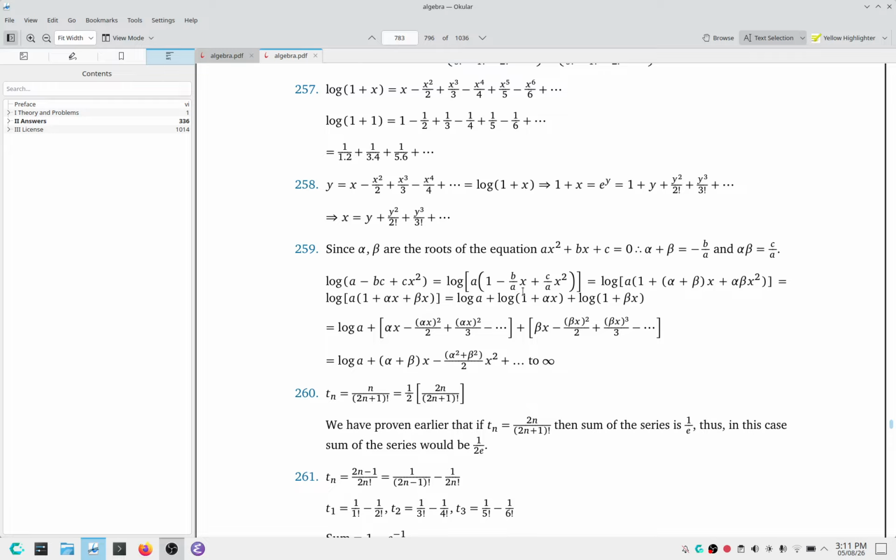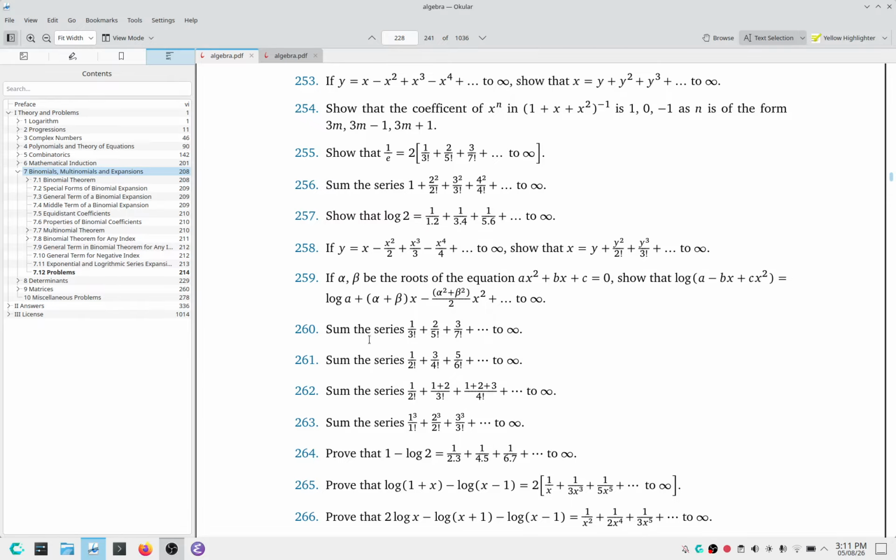So we evaluate the expansion, we get log a plus alpha x minus alpha x whole square upon 2 plus alpha x whole cube upon 3 minus and so on. And this becomes beta x minus beta x whole square upon 2 plus beta x whole cube upon 3. Now we evaluate these two terms, we get log a plus alpha plus beta times x minus alpha square plus beta square upon 2 times x square and so on up to infinity.